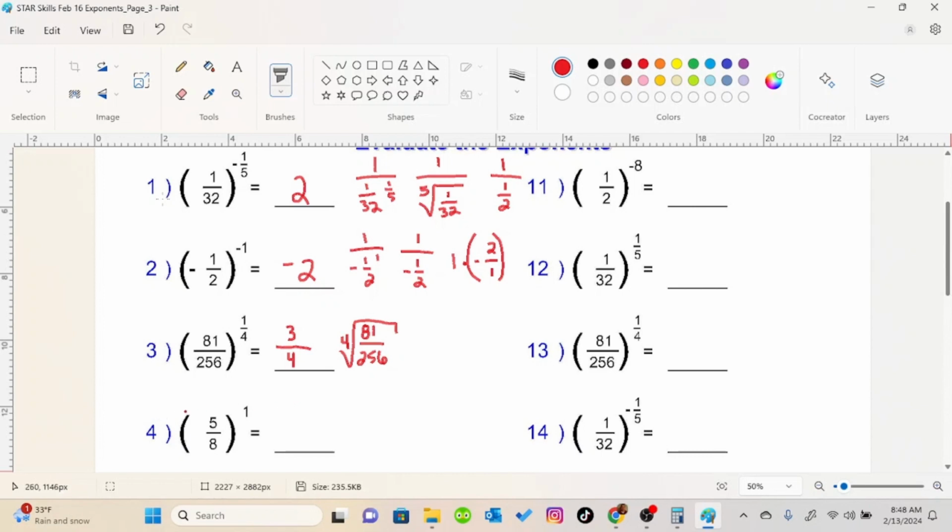Number 4, 5/8 to the power of 1. Anything to the power of 1 is itself. So the answer is 5 over 8.